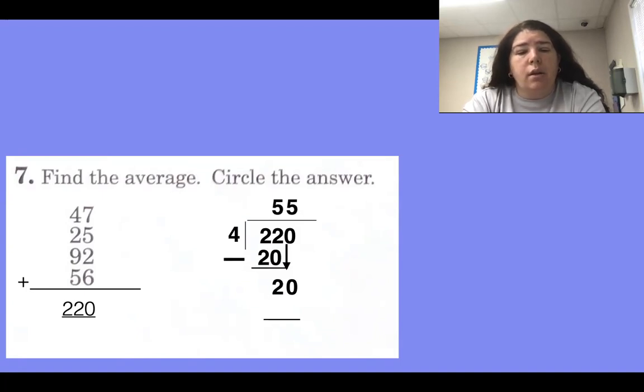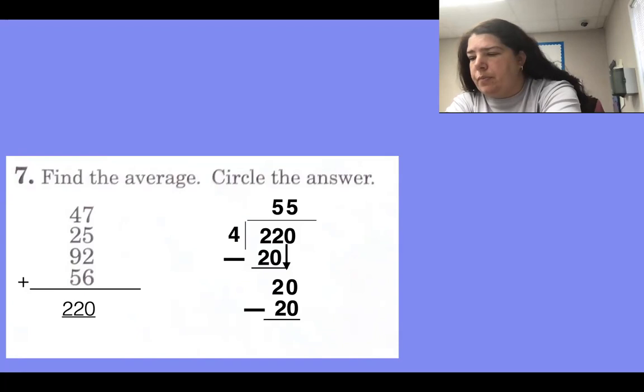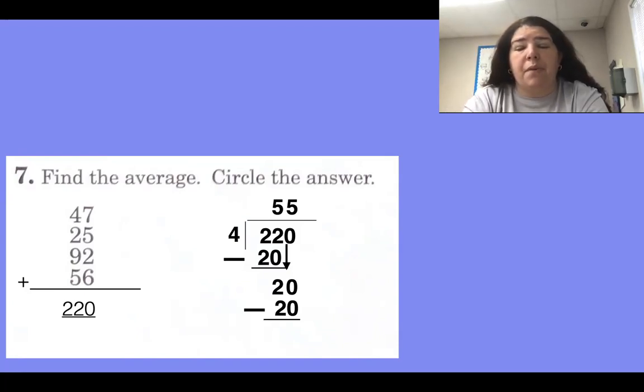So you can see that the average is 55. You need to circle that 55 on your paper. I didn't have it circled here and I apologize, but you have to circle the 55 as your answer.